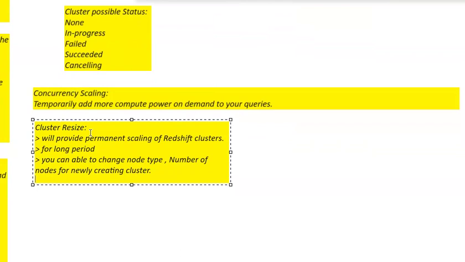For a long period. That means cluster resize is more useful for sustainable operations, which take a long time to complete, right? In which scenarios is cluster resize useful? It is useful when you want to maintain and adjust capacity constantly.